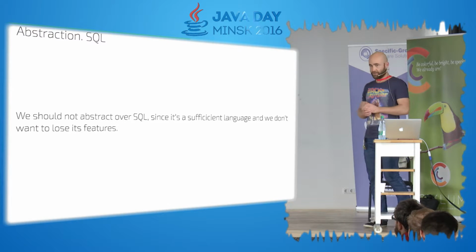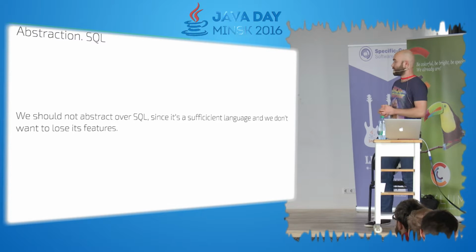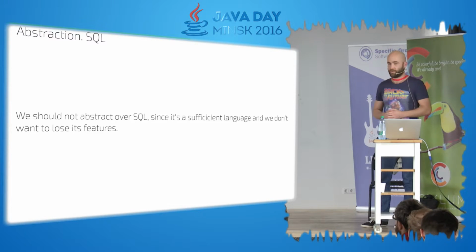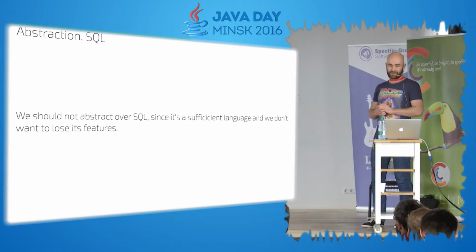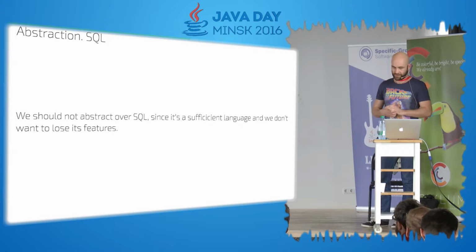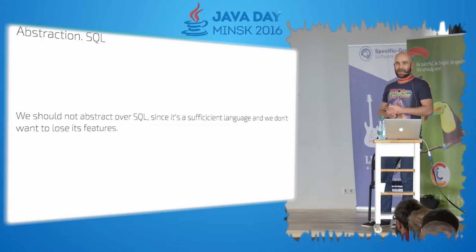We should not abstract over SQL because SQL provides us power. We can do a lot of things using SQL. And whenever I've seen people doing a DSL, so somehow trying to abstract over it, they either end up re-implementing something similar to SQL, or they just cut down the features.